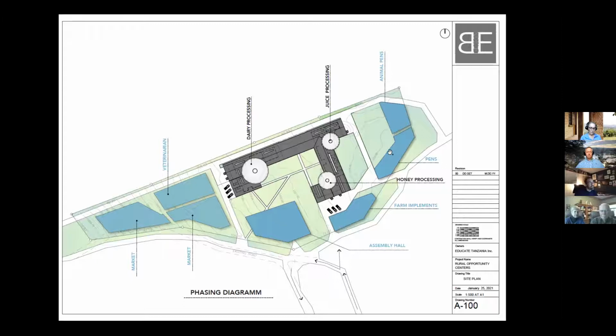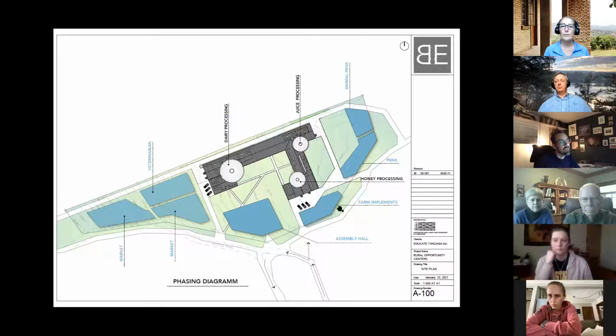And along the periphery of the site, the animal pens close to the edge facing the farm, to facilitate animals returning to the pens and so on. And farm implements also near the road and the farm, so tractors could drive along and be stored.